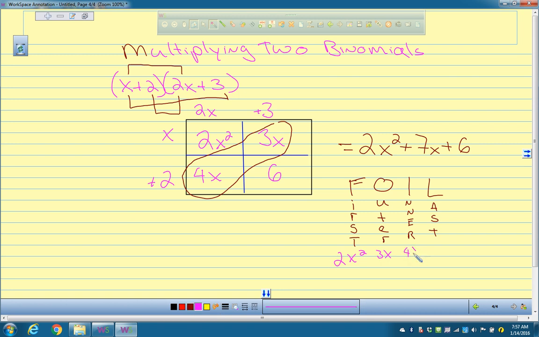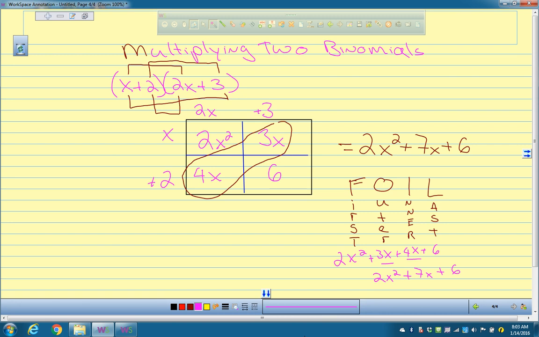And last is the 2 and the 3, which make 6. Then you could add them all together. 2x squared plus 3x plus 4x plus 6 makes 2x squared plus 7x plus 6. Yes?